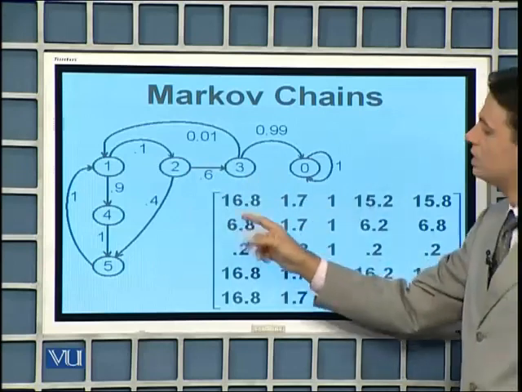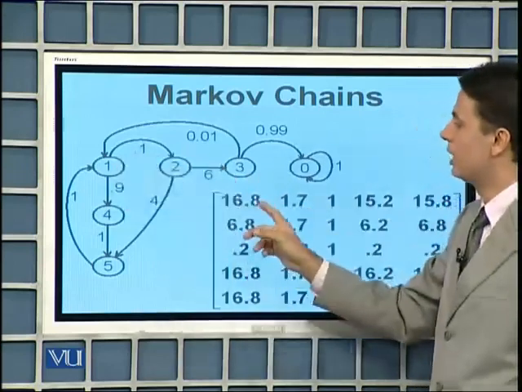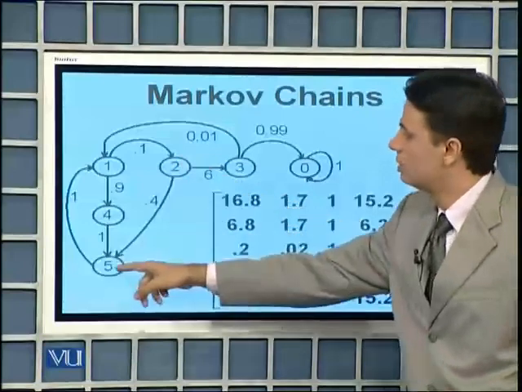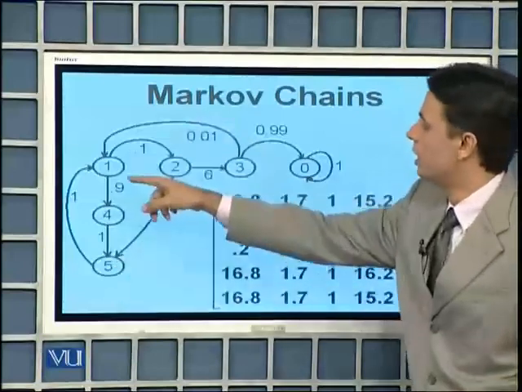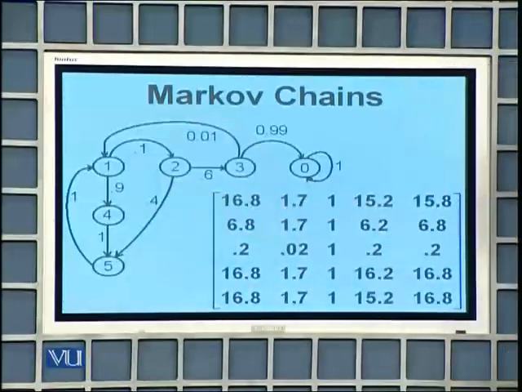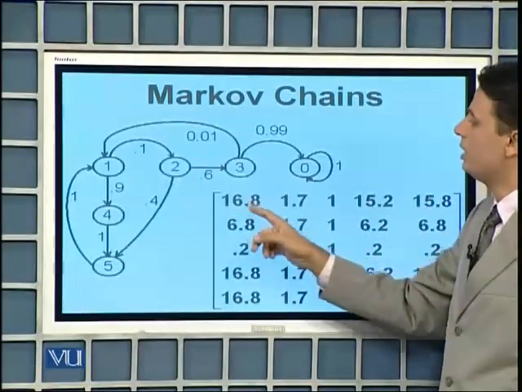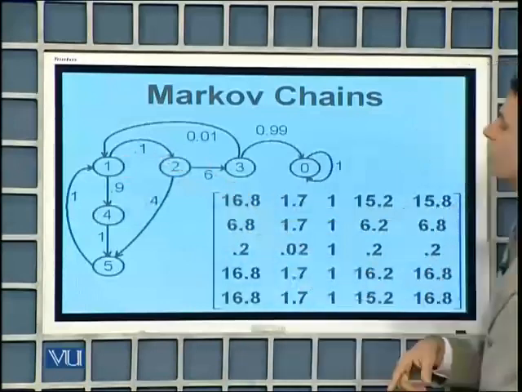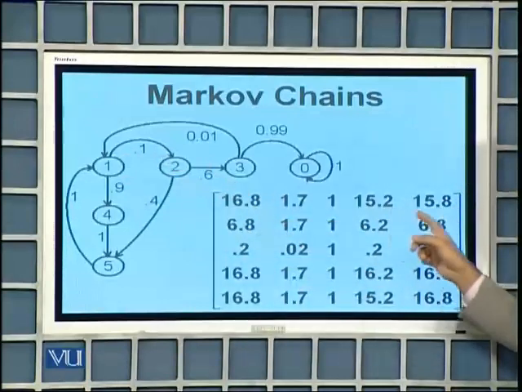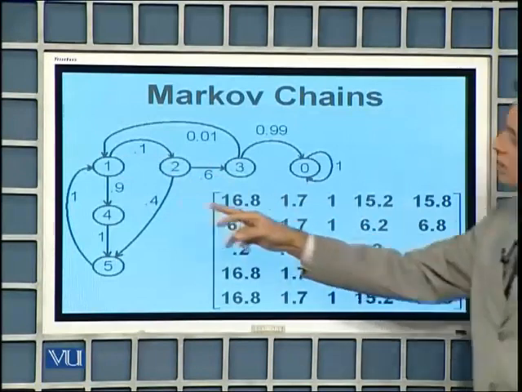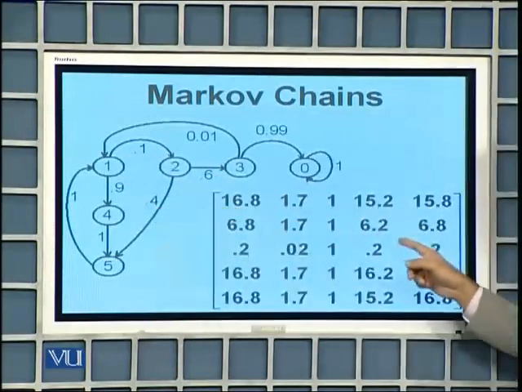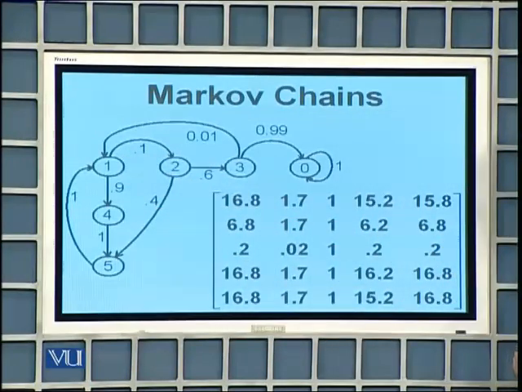The number of times he visits this state before absorption, that is, he goes to this route or this route, is less, 6.8. So if you start observing somebody who starts here, then he visits this state only 6.8 times before absorption. Similarly, the number of visits to state 4 and 5 are 6.2 and 6.8.